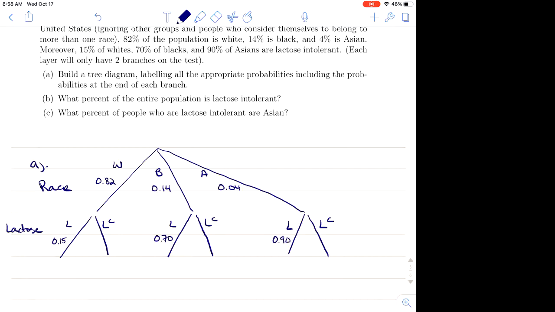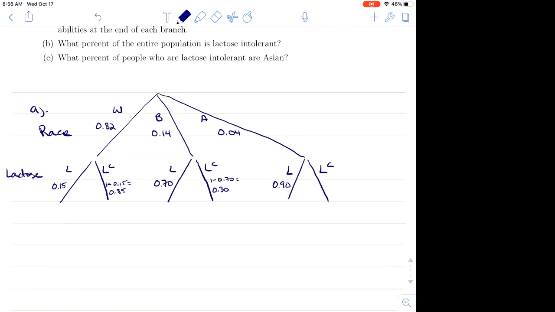So the total across these branches has to be 1, right? And so this here must be 1 minus 0.15, which is 0.85. Trying to write really tiny here. 1 minus 0.70, 0.30. These ones we could probably see. 1 minus 0.90, 0.10.